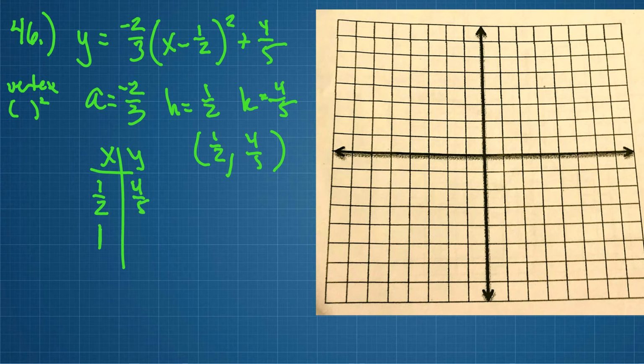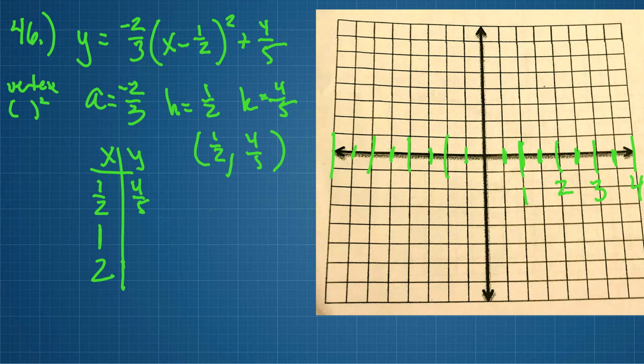I'll put 1 on there because that's really close to half, and I'll put 2 on there. I'm going to go by halves on my X scale. There's 1, there's 2, 3, 4. And you could remember the negatives are the same thing. I'm going to plug in 1.